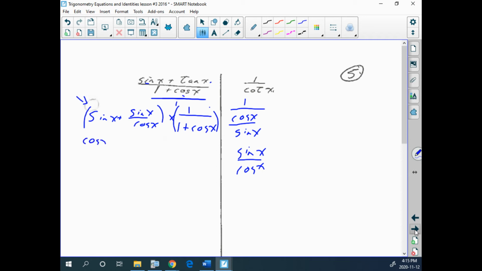So I'm going to multiply this term here by cosine x over cosine x. I'm going to leave this guy alone. And this guy over here is just going to be coming along for the ride. Tidying up a little bit.